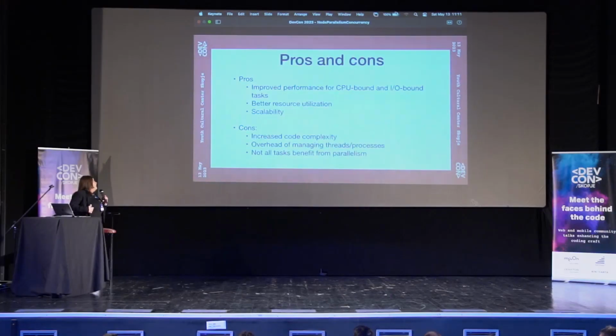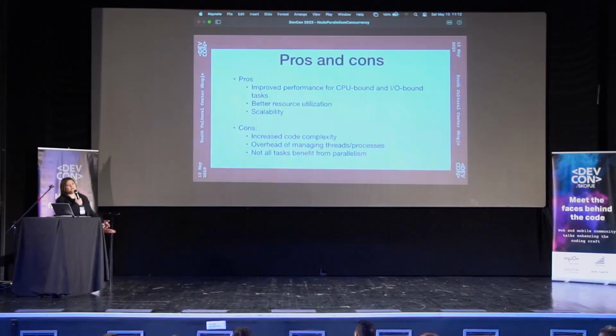Pros and cons. Definitely, using parallelism when we have heavy computing tasks is going to improve our performance, for CPU-bound and input-output-bound tasks. We will have better resource utilization. What this means is that if we have a multi-core CPU and we use only one Node instance, all the other resources are not being used.